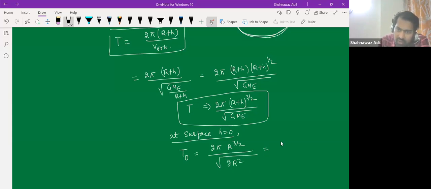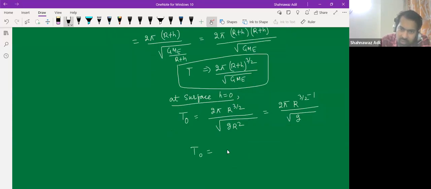So this is 2 pi, R to the power 3 by 2, and g to the power minus 1 by 2, that is 1 divided by root g. Then this would be how much?